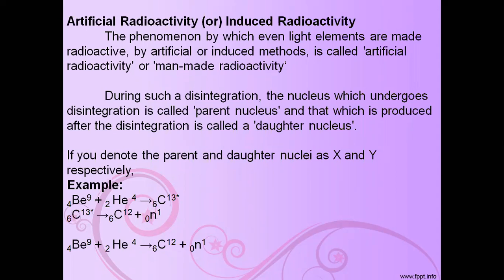So one substance emits the radiation, but the human part is included in inducing that radiation. Okay, that is called artificial radioactivity. So the human induces the elements, and this is called artificial radioactivity or man-made radioactivity.